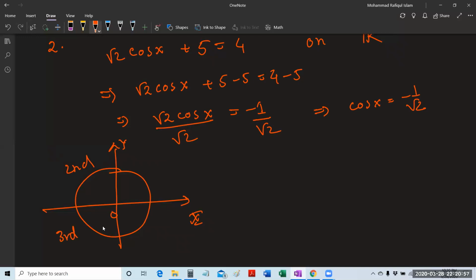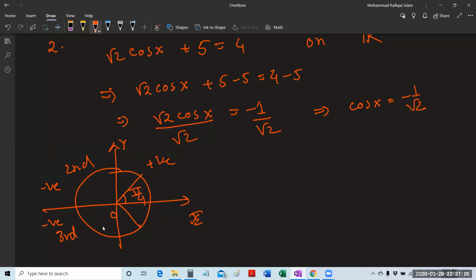In the first quadrant, cosine x is positive, and in the fourth quadrant, cosine x is also positive. So in these two quadrants, it's positive, and in the second and third quadrant, it's negative. Assume that we have cosine x equals positive 1 over root 2. So in that case, the angle here will be simply pi over 4.